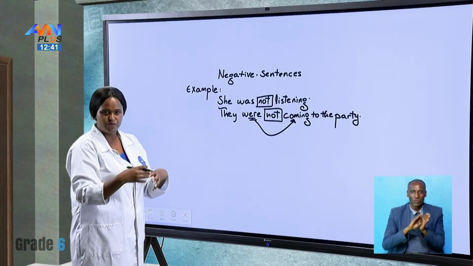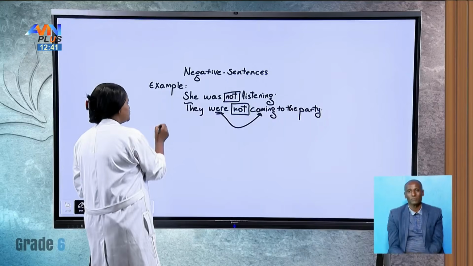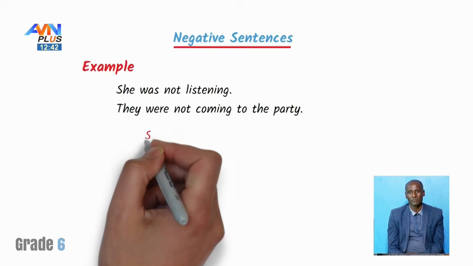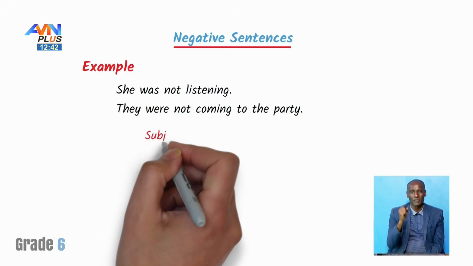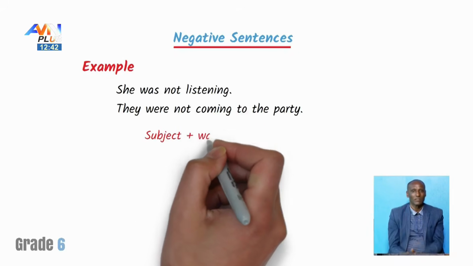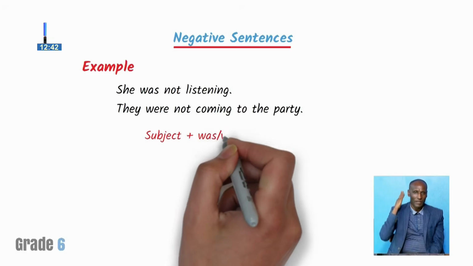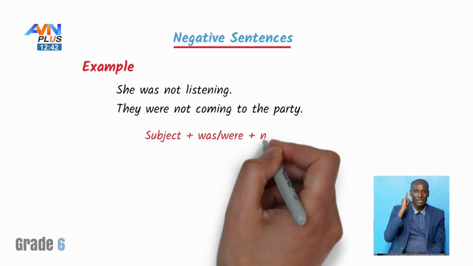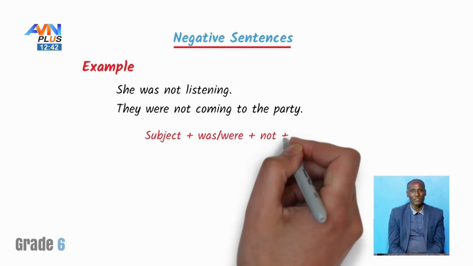Let's bring out the form. Okay, what do we have? Subject, then plus was or were, yes? Then what comes next? Very good, our word which is not.